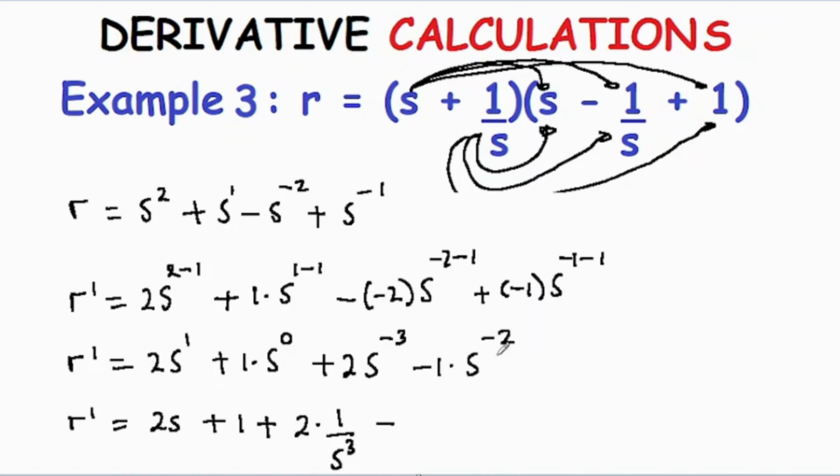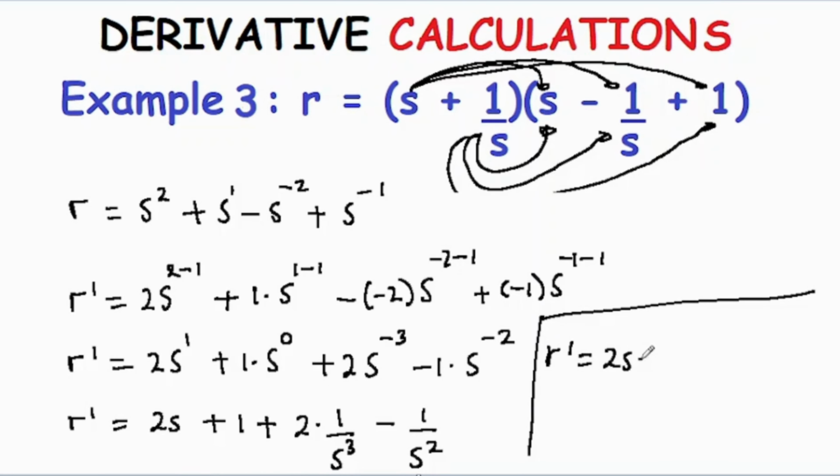Negative 1 times s raised to power negative 2 is s raised to power negative 2, and s raised to power negative 2 is actually 1 over s squared. So we can rewrite the final answer as this. So r prime is equal to 2s plus 1 plus 2 divided by s raised to power 3, negative 1 divided by s raised to power 2.